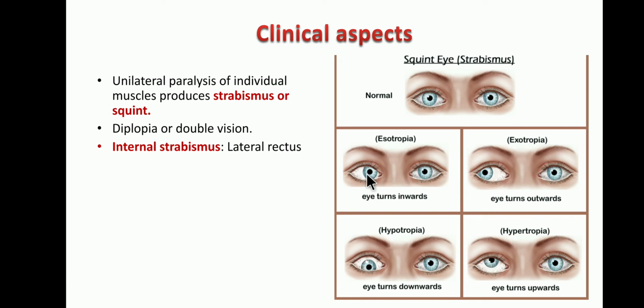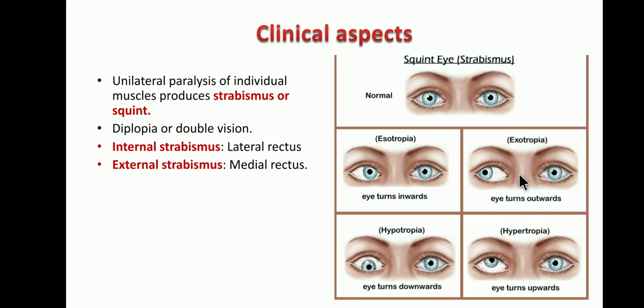Here you can see the lateral rectus is paralyzed. Due to unopposed action of the medial rectus, the eyeball is pulled medially. This is called internal strabismus due to paralysis of lateral rectus. The abducent nerve might have been damaged. In this case, diplopia appears on looking to the paralyzed side. When you try to look laterally, you see diplopia, double vision.